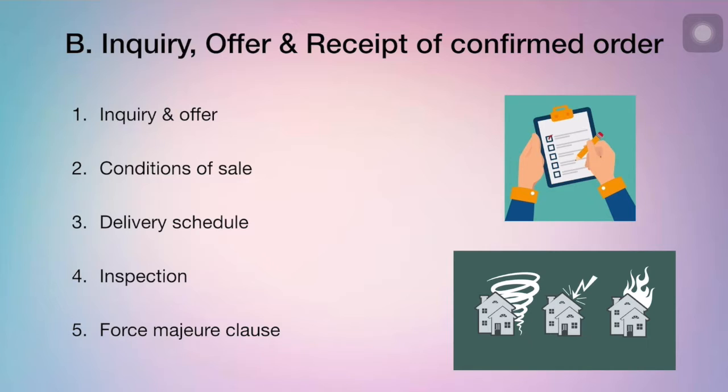Let's say natural calamities, or there is a war between country A and country B, that is, let's say, importer's country and exporter's country. Then can you continue your trade transaction? Definitely not. So force majeure clause is stating that unless and until it is a natural force such as calamity or a war, etc., I will not be cancelling the agreement. But if it is so, right, natural calamity, I will have to stop my transaction.